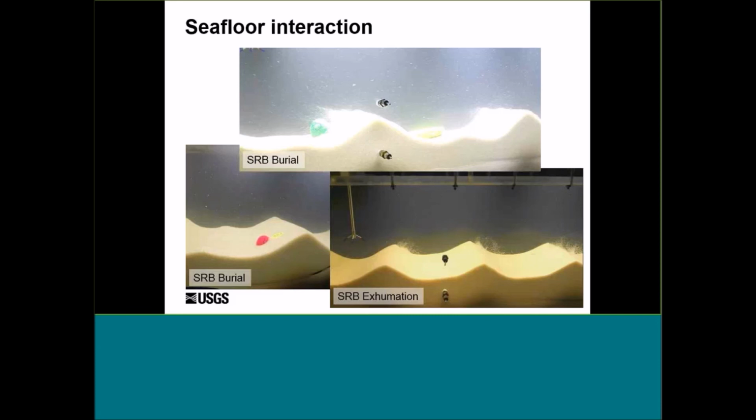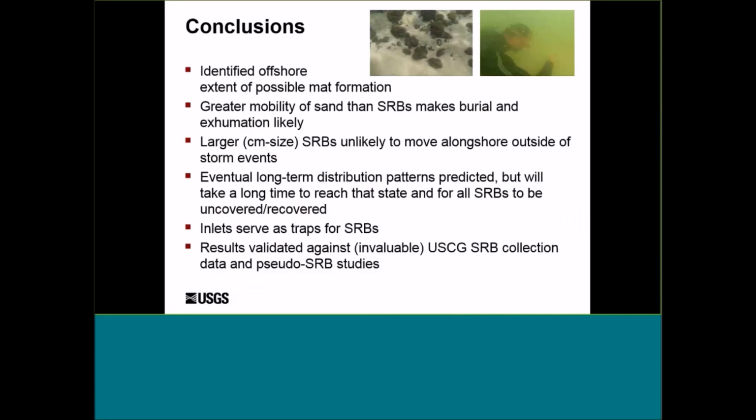So our conclusions: the work we did for the buried oil project was to identify the offshore extent of possible mat formations, so that by identifying where these things could have formed, they could look at changes in the bathymetry and changes in the topography, and identify where they might still be to focus where to look. The greater mobility of sand than SRBs makes this burial and exhumation likely.